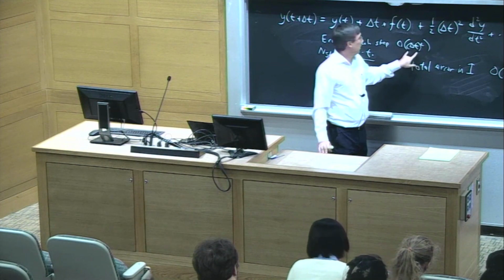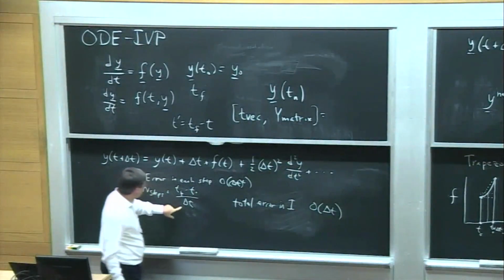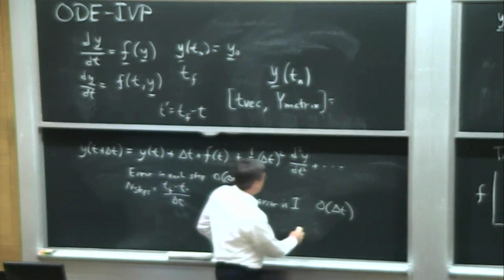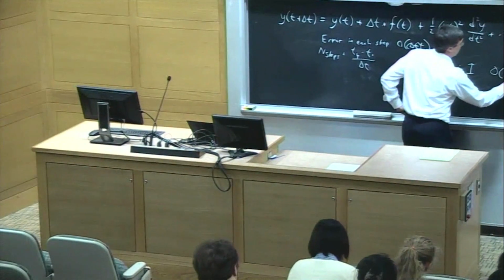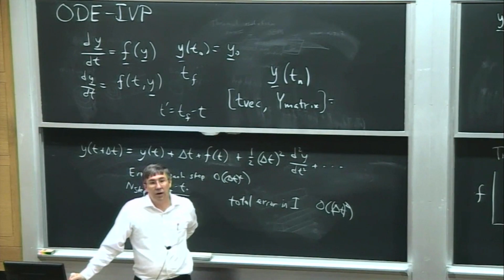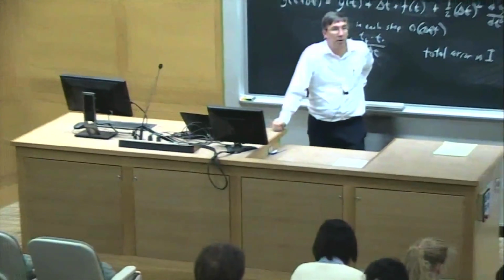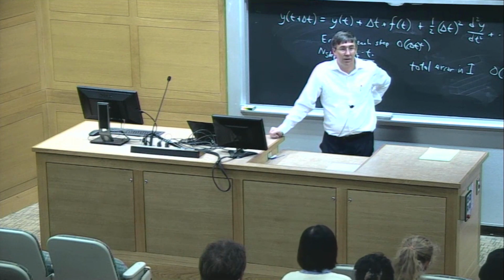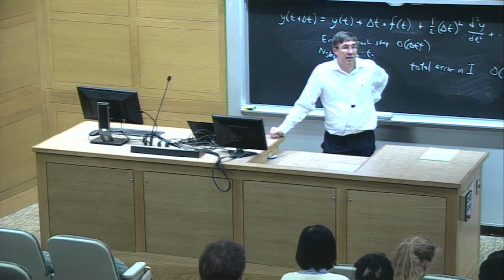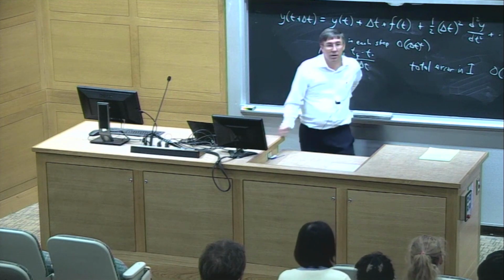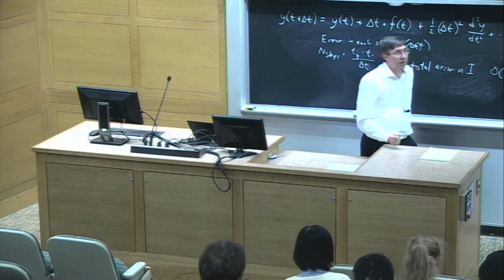And then when you multiply by this 1 over delta t, it turns out you go from being order of delta t to order of delta t squared. And that's a really big change. So now if I cut the step size by a factor of 10, I gain a factor of 100 in the accuracy. If I want to get 6 more significant figures, I do 1,000 times more work, not 1,000,000 times more work. So it's a pretty significant improvement.